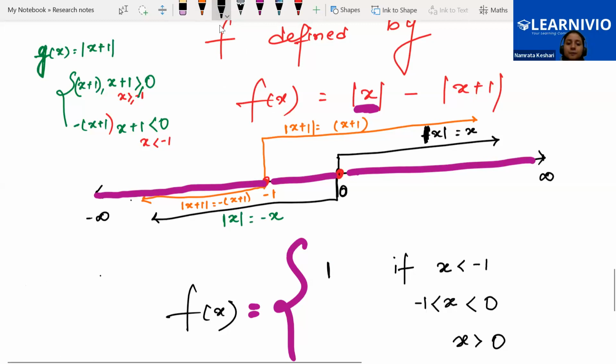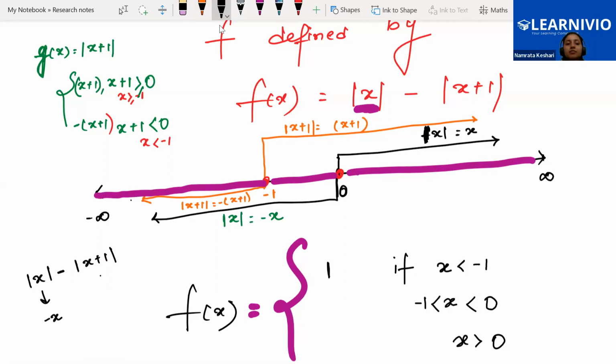When we are in between -1 to 0, mod of x will still give the result as minus x, right, Fatima? Yes. And what about mod of x plus 1?